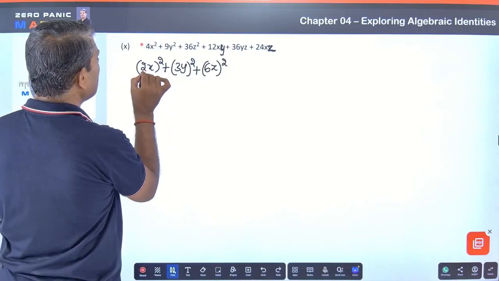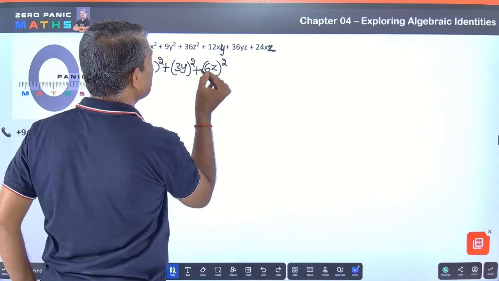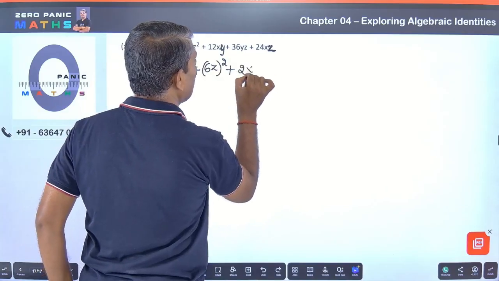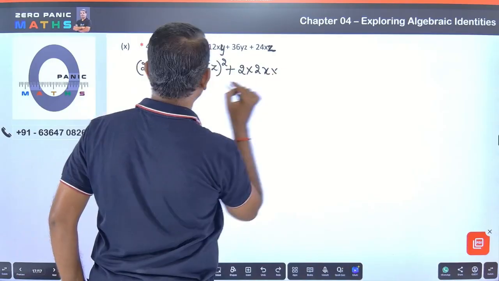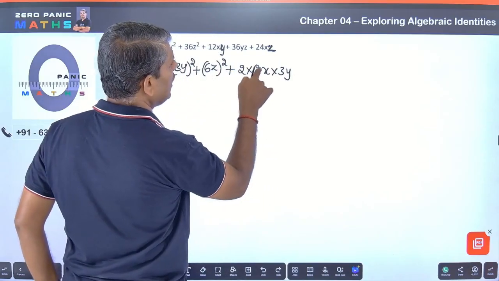Now I have 2x as a, 3y as b, 6z as c. So I can directly write this as 2ab. What is ab? a is 2x, and b is 3y. It is 2ab.